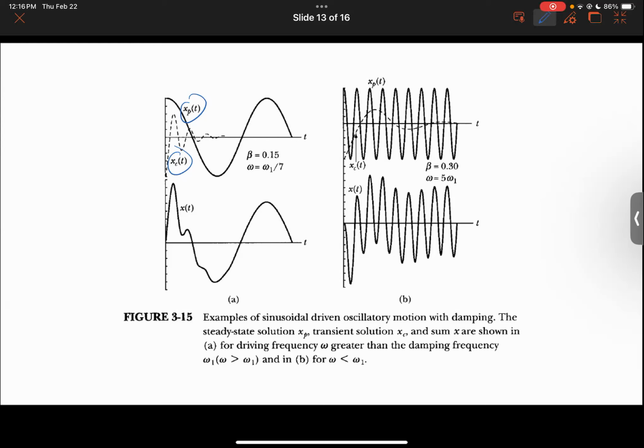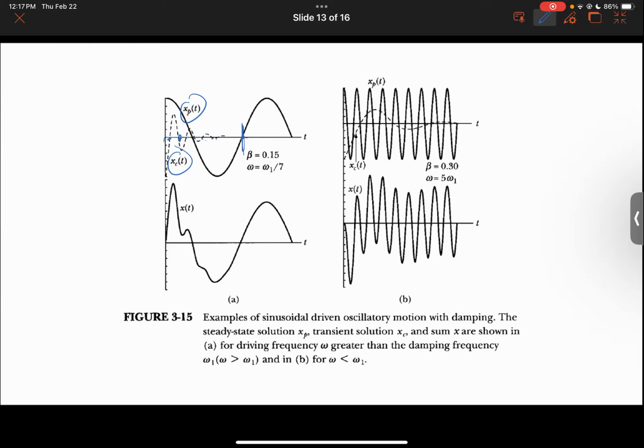So the frequency of the transient solution is 7 times this frequency. The frequency here is small compared to the frequency of the transient solution, right?